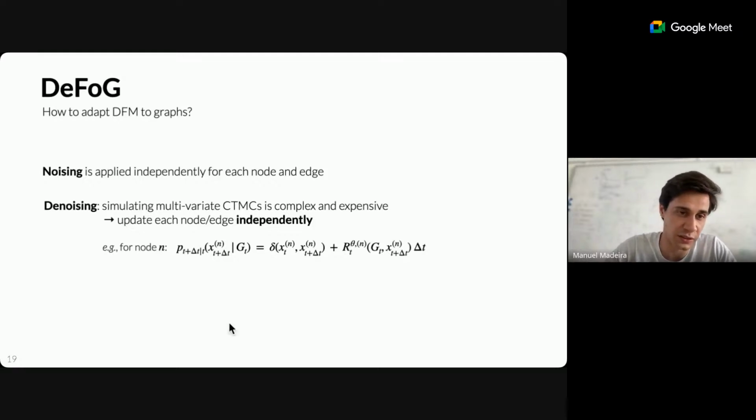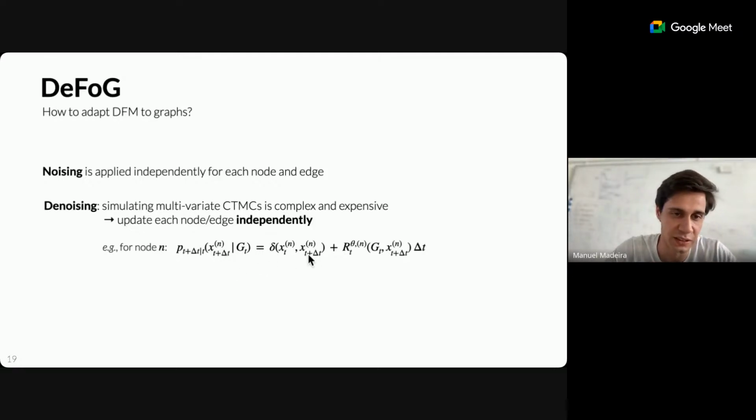So abusing now a bit of the notation, what I mean is that our update, instead of being solely based on the previous value of the node, so basically I'm denoting here x_n as the class of the node, and instead of only considering the previous value of the node, I'm considering the full graph. So I will use my full graph in order to have an update for my node.